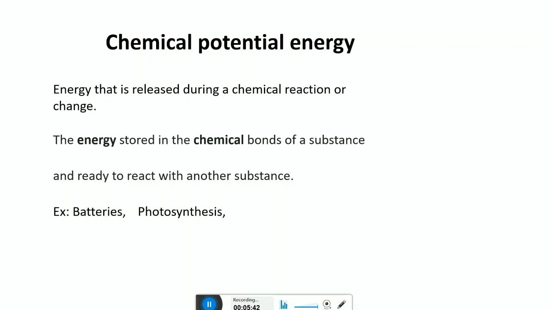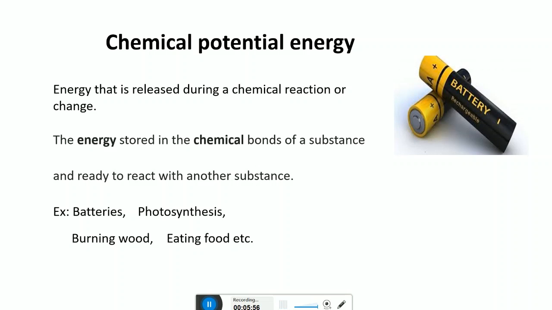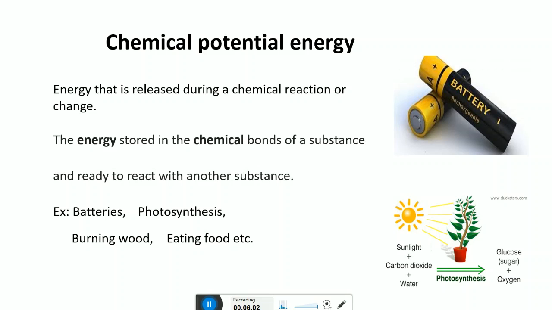And we know that photosynthesis is a process used by plants to convert light energy into chemical energy. The figure shows examples of chemical potential energy, that is battery and photosynthesis.